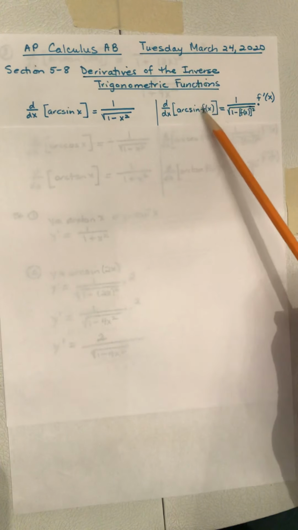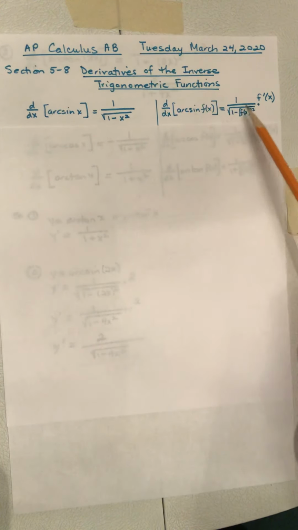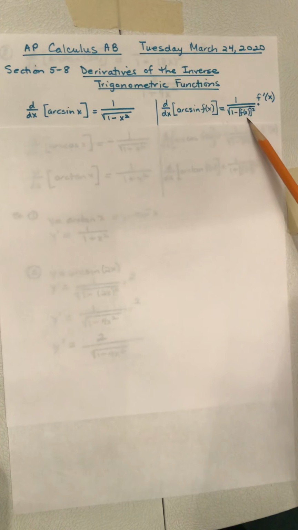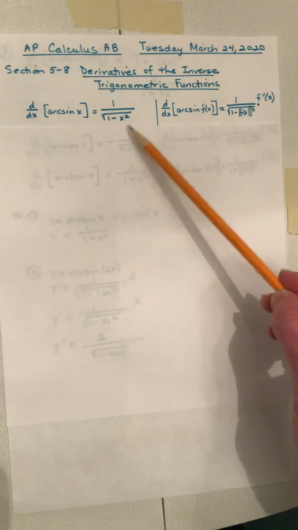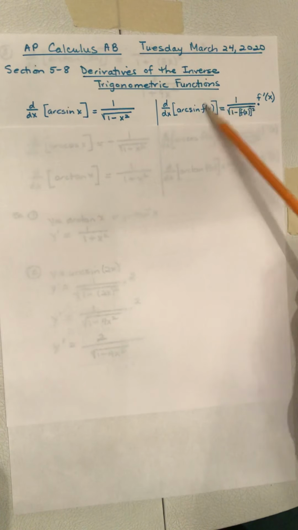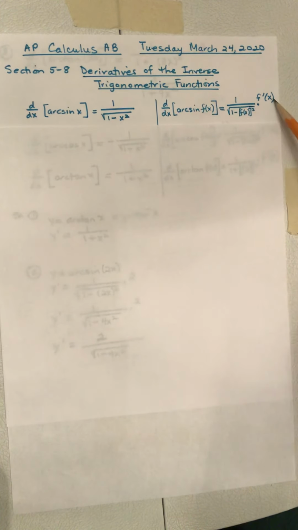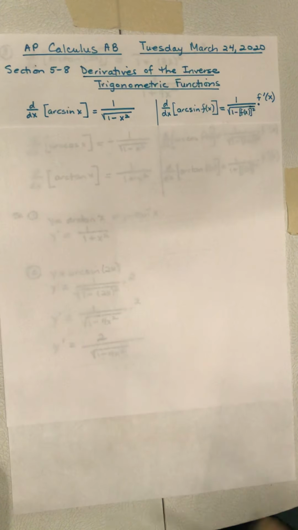The derivative of arc sine of f of x is 1 over the square root of 1 minus f of x quantity squared. See, this f of x goes in where the x was, and it gets squared, times the derivative of our inside function. By chain rule, f of x is inside the arc sine, so we multiply by f prime of x at the end. So that's the gist of the arc sine.